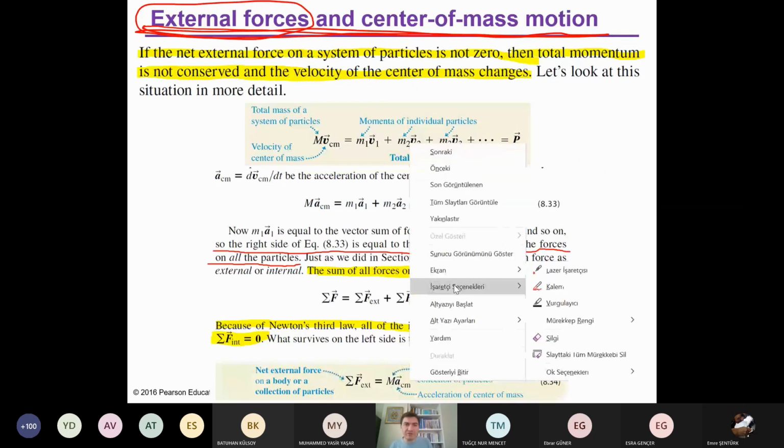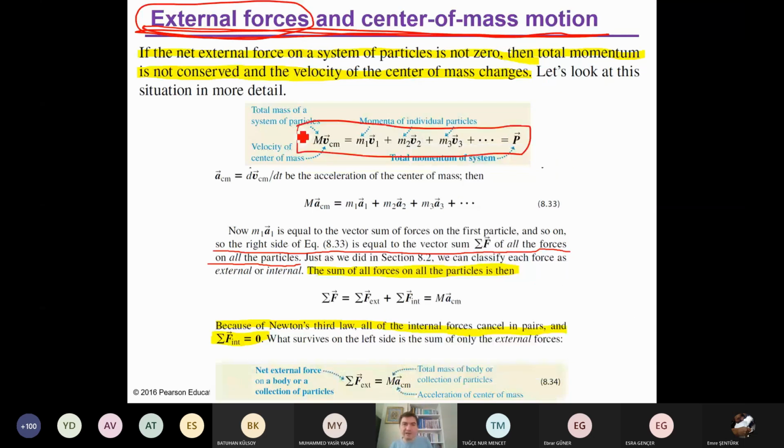So we have this information, and I take the time derivative of the center of mass expression and the time derivative of momentum. Mass is constant, so you can write it like this: M times d v center of mass over dt. On the right side, we have the time derivative of momentum. And this is the acceleration of the center of mass.